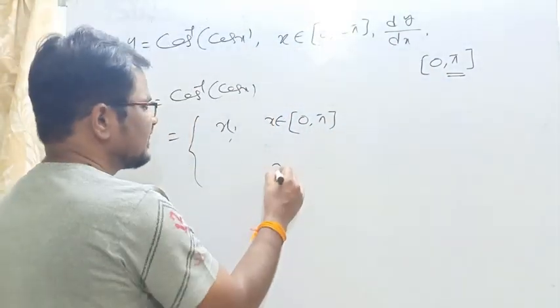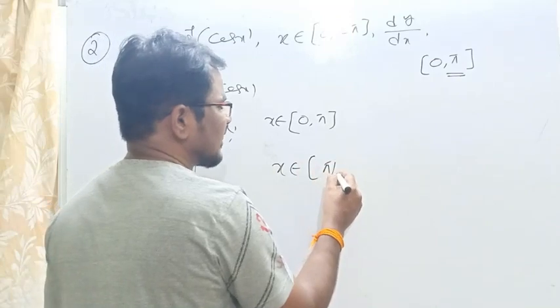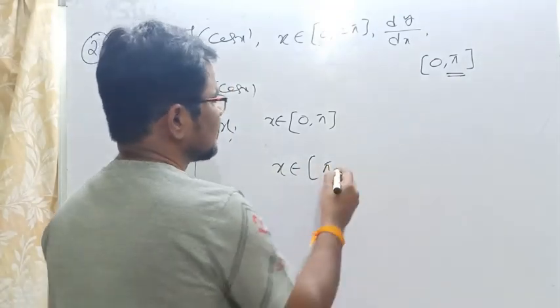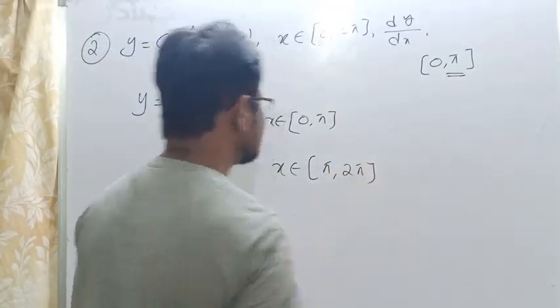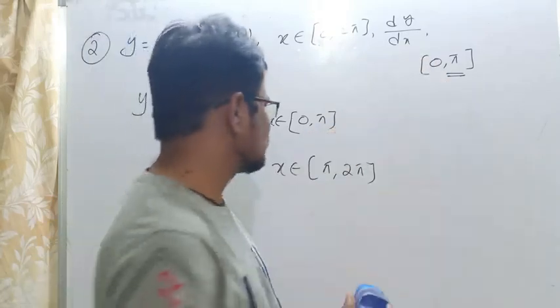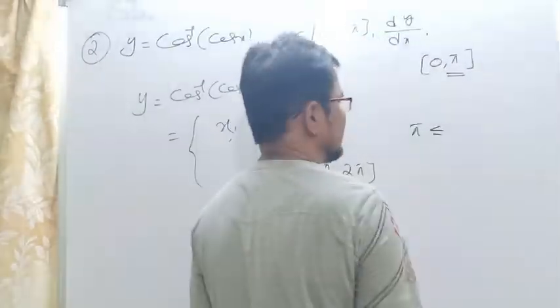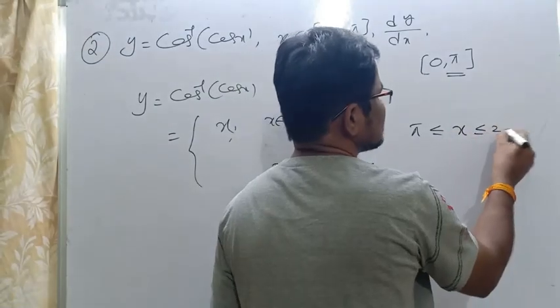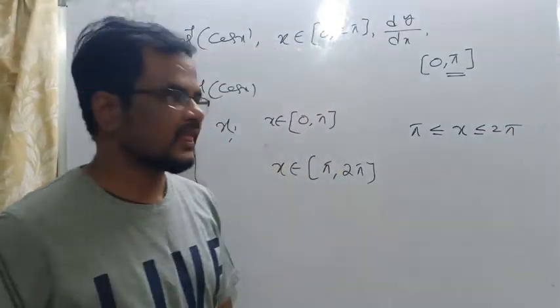But if you take x belongs to pi to 2 pi, it does not belong to the range of cos inverse x. So that's why we have to simplify this one like this: pi less than or equal to x less than or equal to 2 pi.